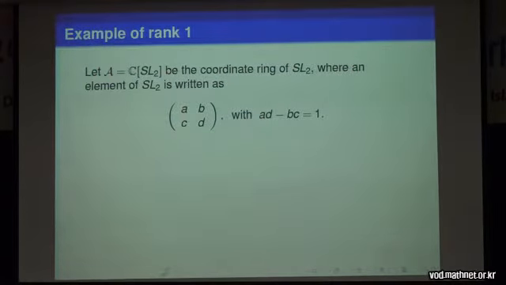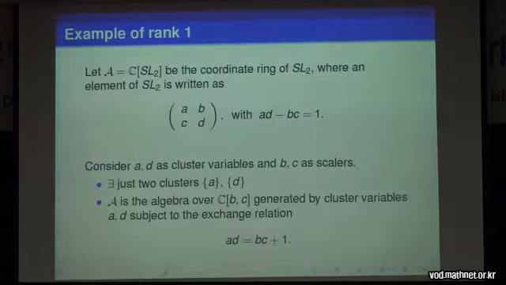Here A is the coordinate ring of this one. This we can understand. Here the elements are just matrices with this condition: determinant just one. Now you can consider A and D as the cluster variables and B and C as the scalars.